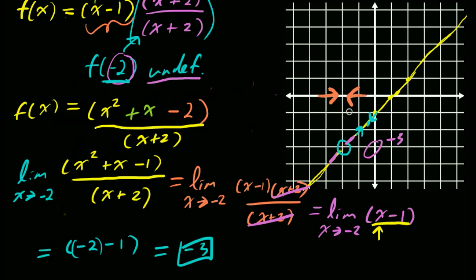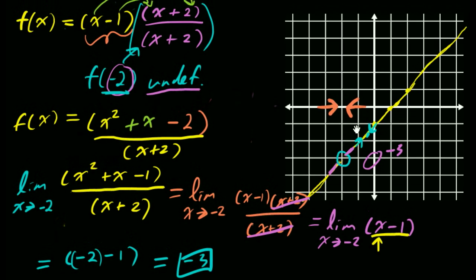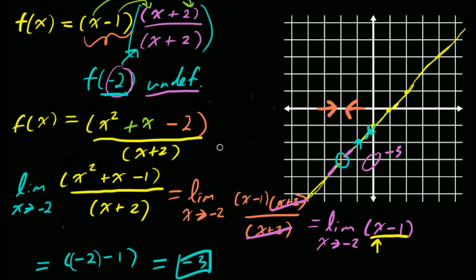And also, hopefully you could see that we did some work in this problem. But really, when we graph this function, with this open circle at the point where x is equal to negative 2, hopefully you can see from this that we already knew what the answer would be.